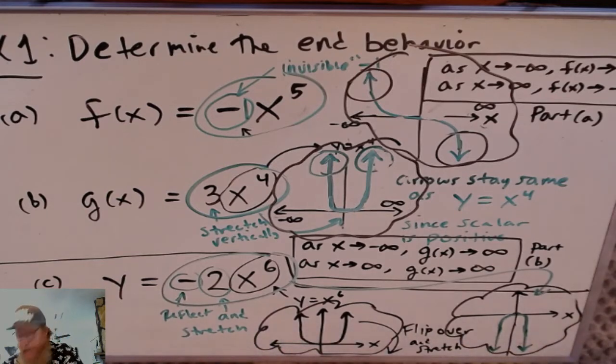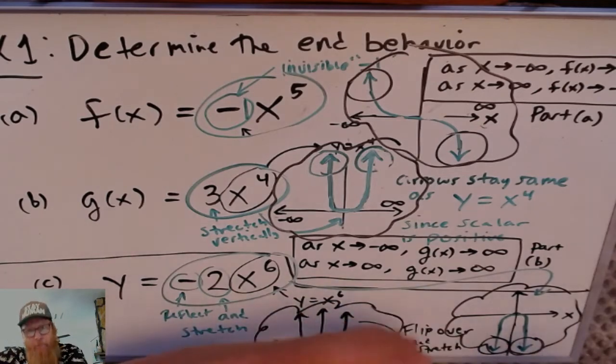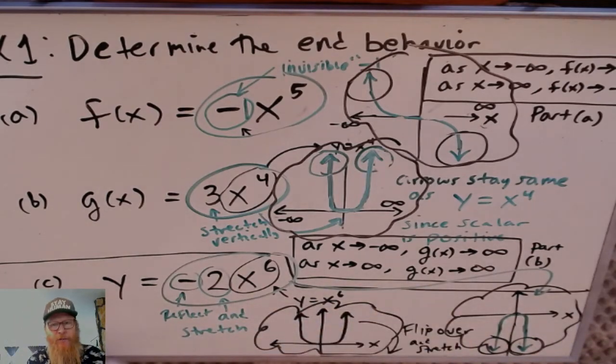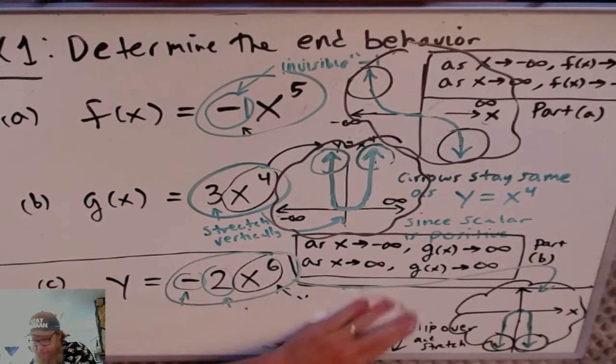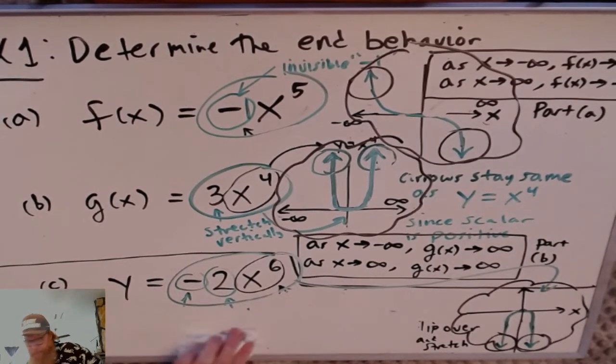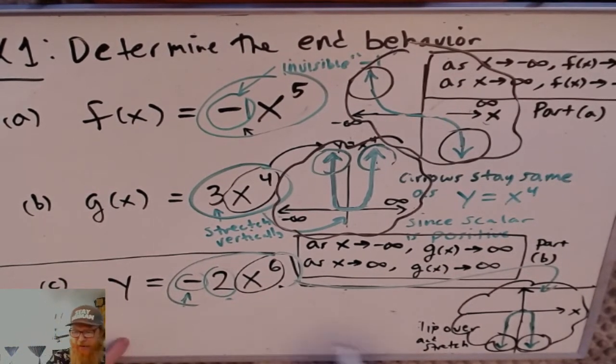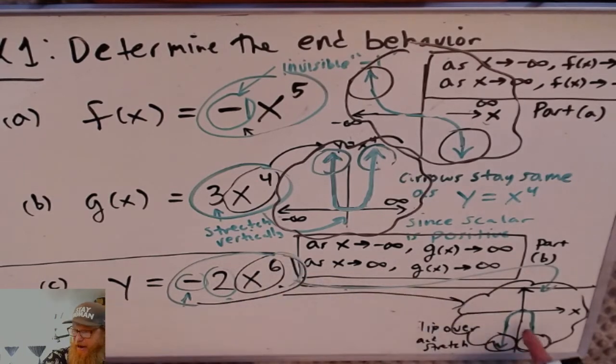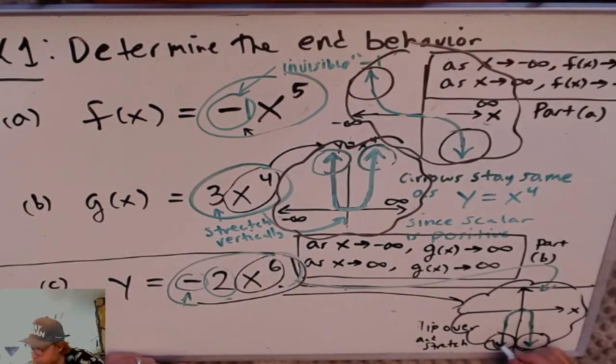All right, so all we care about is the end behavior, which is the arrows. Both arrows are pointing down. So here is my graph that I'm looking at. Both arrows are pointing down.